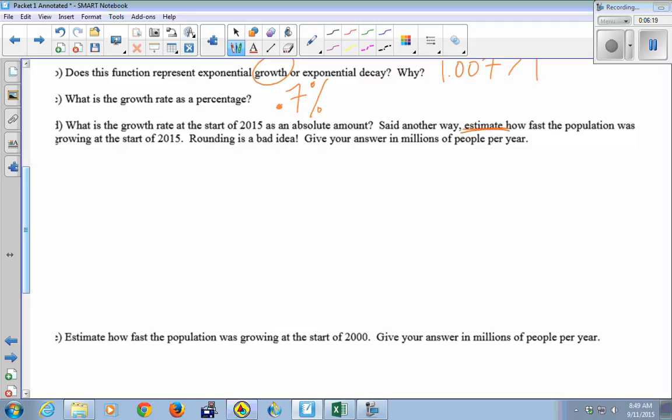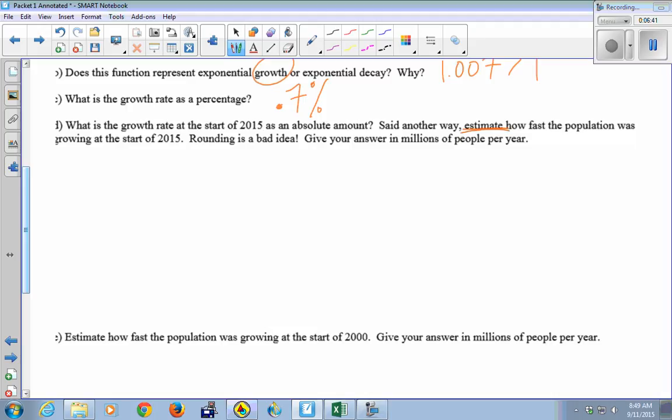f of 15 plus h minus... Yep. And yes. If you don't take a limit there, that thing is called the average rate of change. So we're going to take an average rate of change over a small interval. That will give us a decent estimate of the instantaneous rate of change.